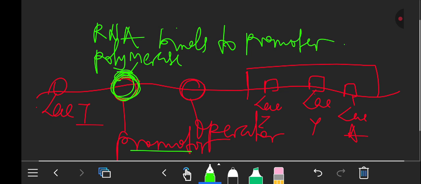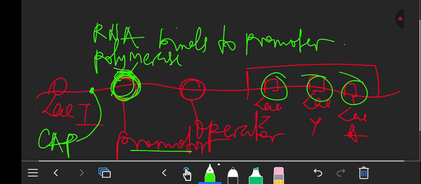We need to understand that. Now, it can transcribe the genes we have in this structural portion because there is this portion known as the operator.